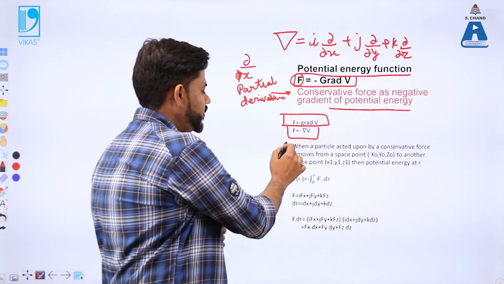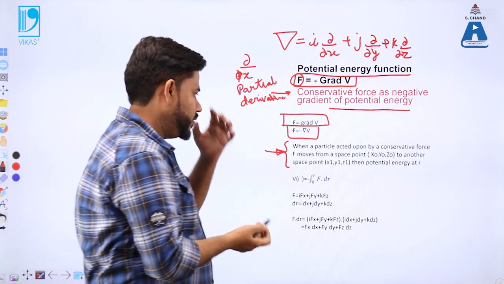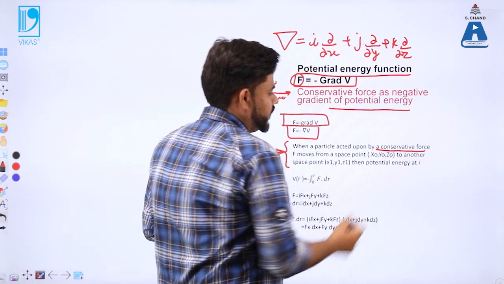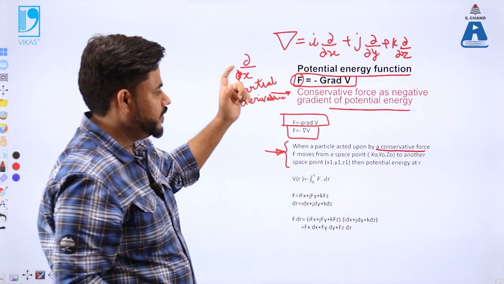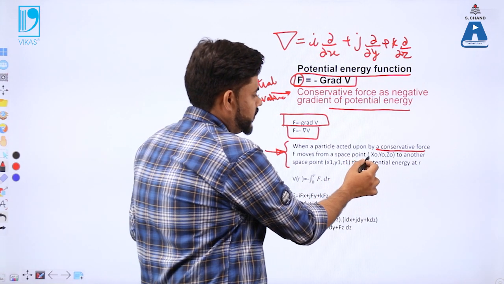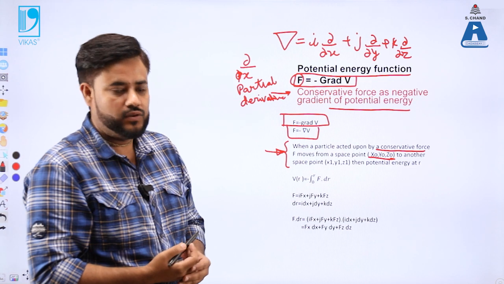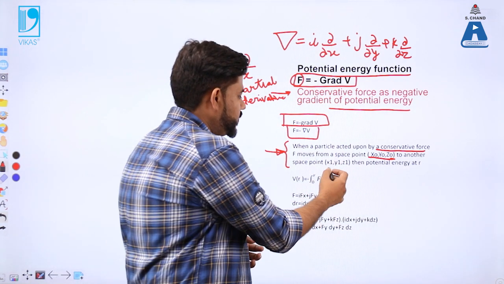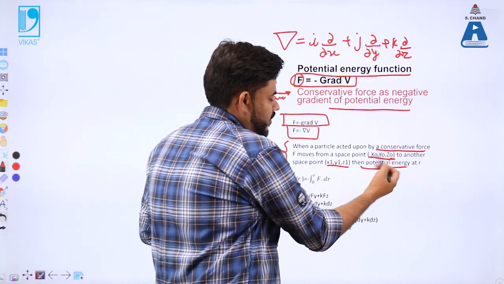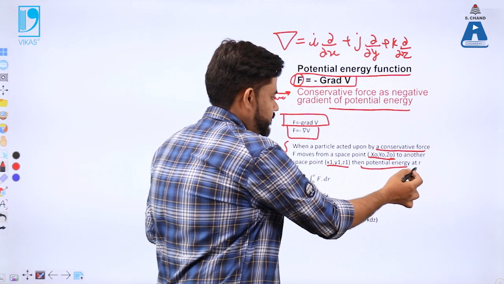Now what happens here, it is to be noted that whenever a conservative force acts on a particle, it moves from the coordinate x0, y0, z0 to another position x1, y1, z1, having a potential energy value at r.